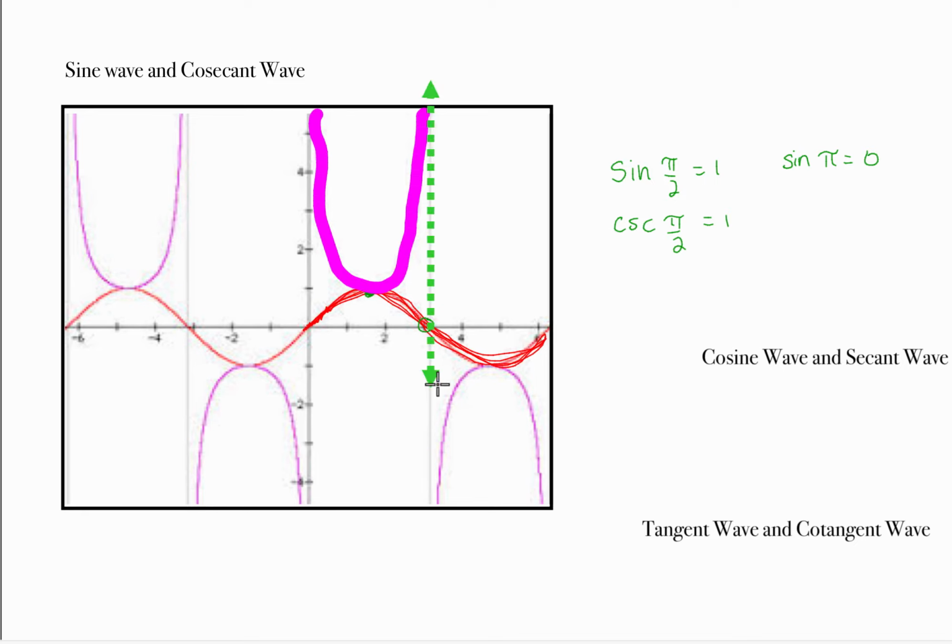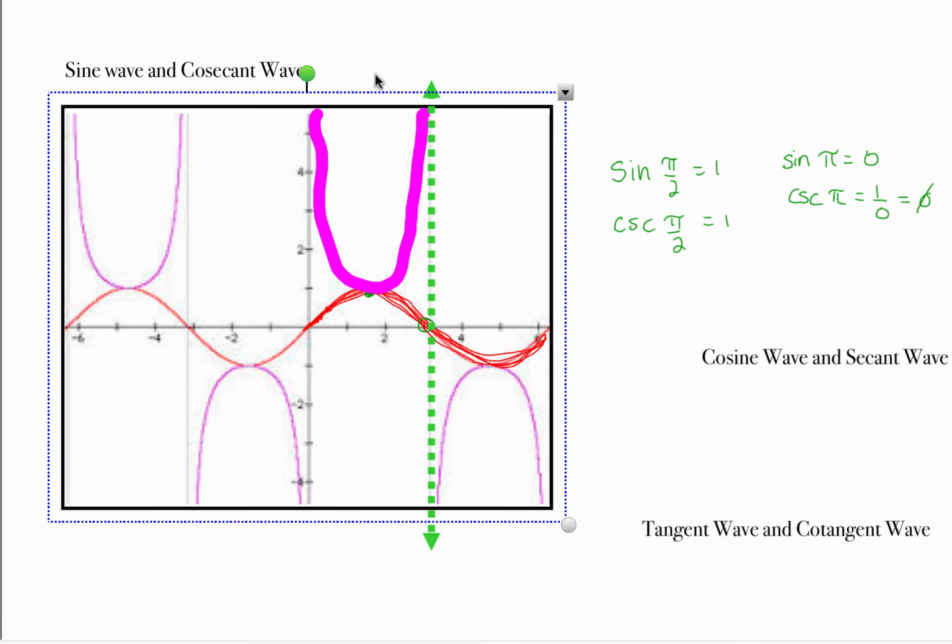Because remember, you can't flip 0. So the cosecant of pi would be 0 flipped, which would be 1 over 0, and that is impossible to do. It's undefined. So wherever the sine wave hits 0, the cosecant wave is now undefined.